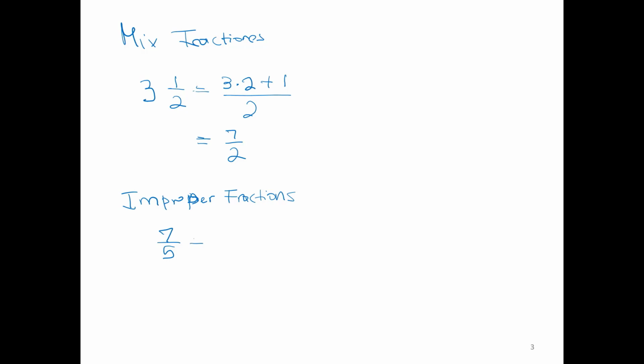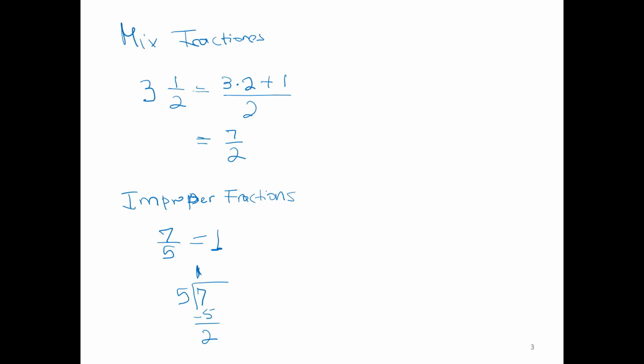How will we do that? We just divide. How many times does 5 go into 7? It is 1 time. 1 times 5 is 5, and 7 minus 5 is 2. The quotient is the whole number, the integer number.